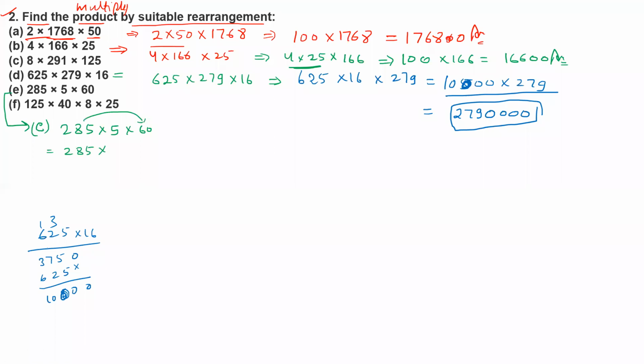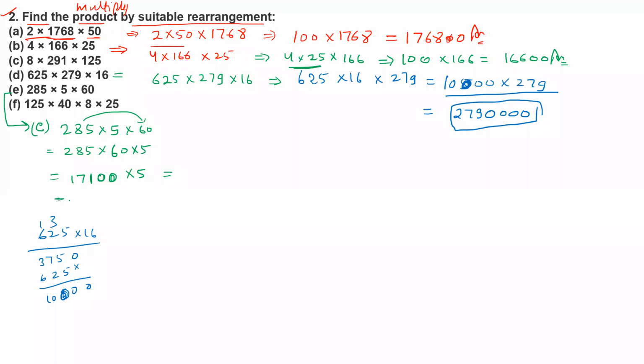By which number shall I multiply 285? So if I multiply 285 into 60, then I multiply it by 5. So I will get 6 5s are 30, 3 carry, okay. 6 8s are 48 plus 3, 51. 5 carry, 6 2s are 12 plus 5, 17. Okay, and 1 0.